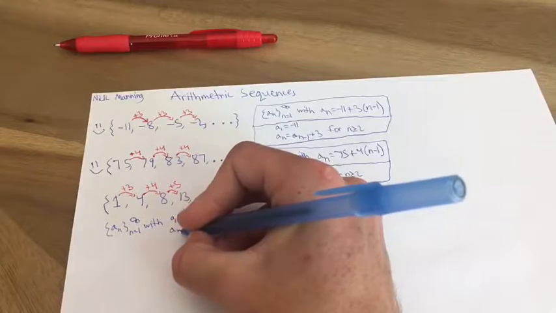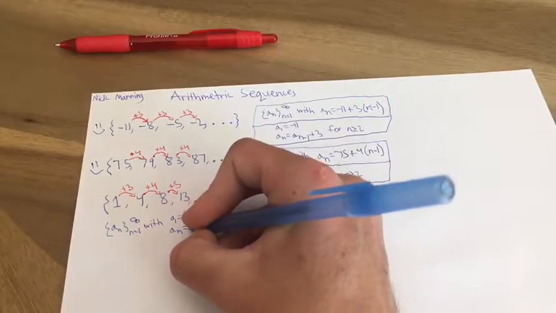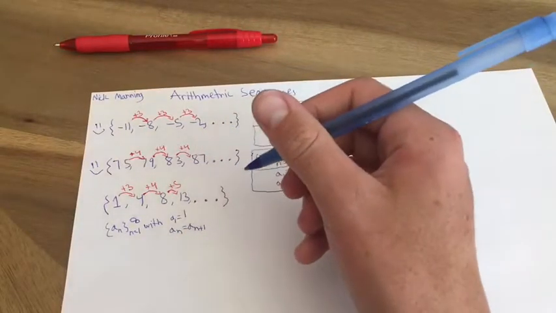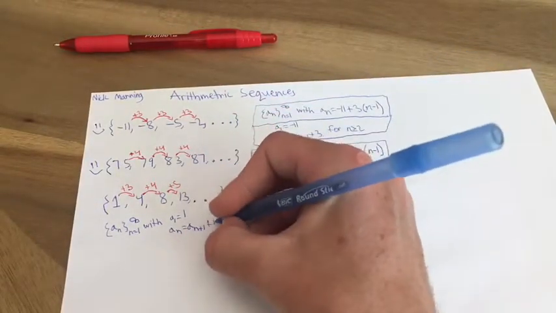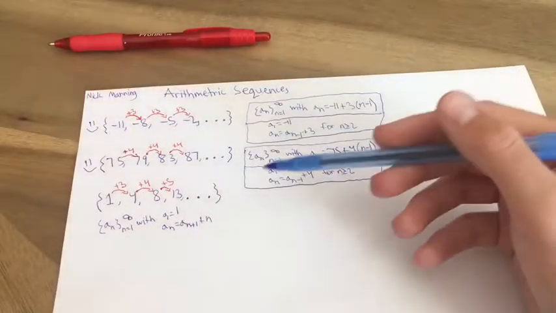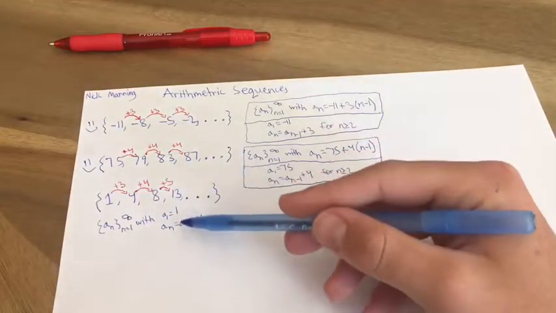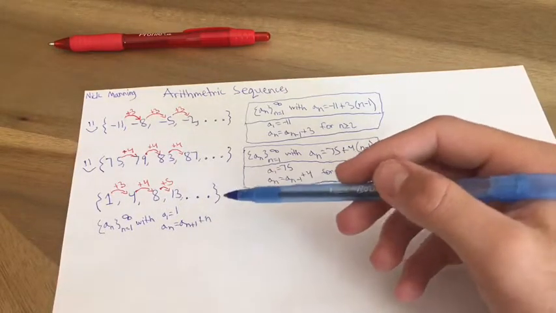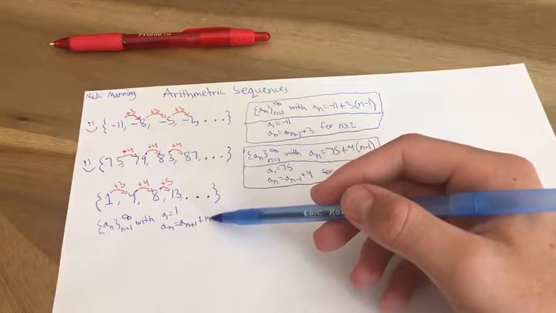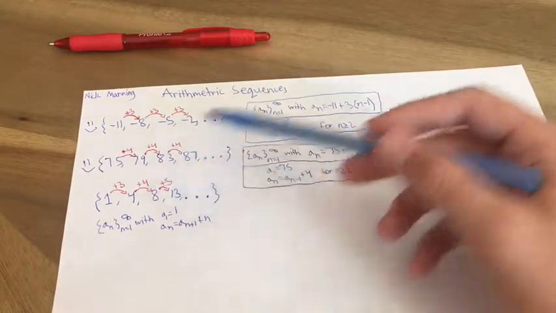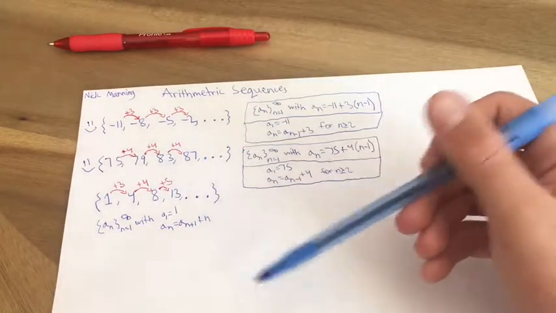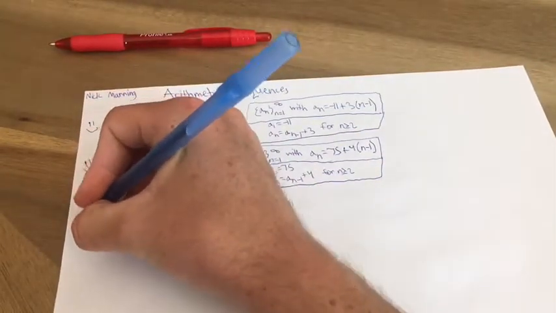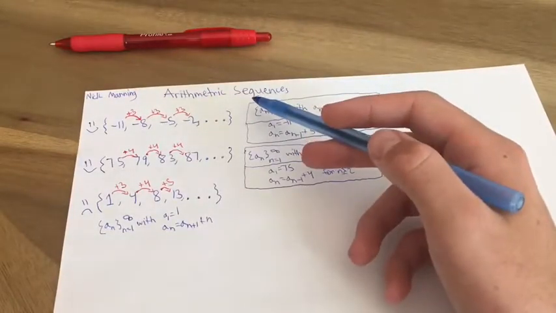A sub n equals a sub n minus 1 plus n. So it is your previous term plus what your index is, because on your other ones your index didn't change. So we needed to add the index to it because our index is ever changing. So that one gets a little more confusing. We'll give that one a frowny face because that is not an arithmetic sequence.